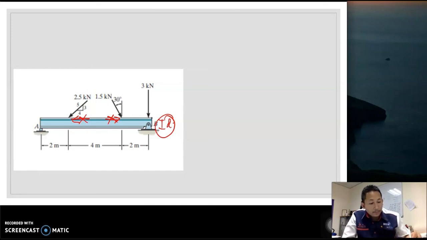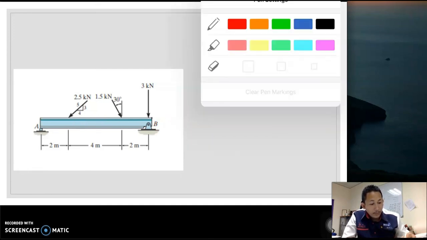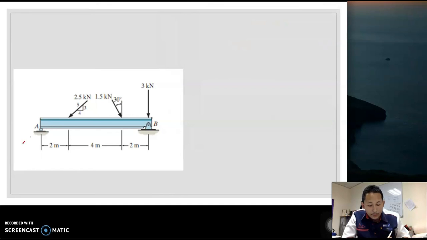Okay, so for this one, we need to calculate at point A. So moment at A. Which force will act to the moment of A? First for this one. Okay, so we have 2.5 times 3 over 5.